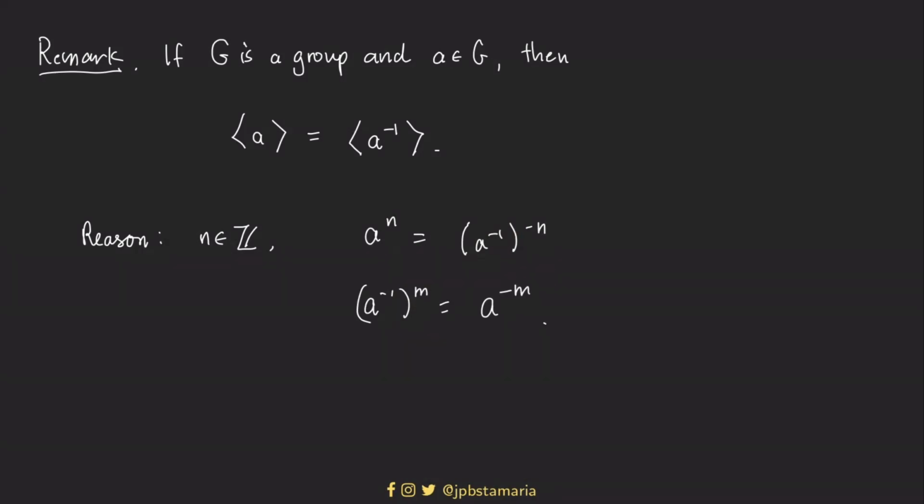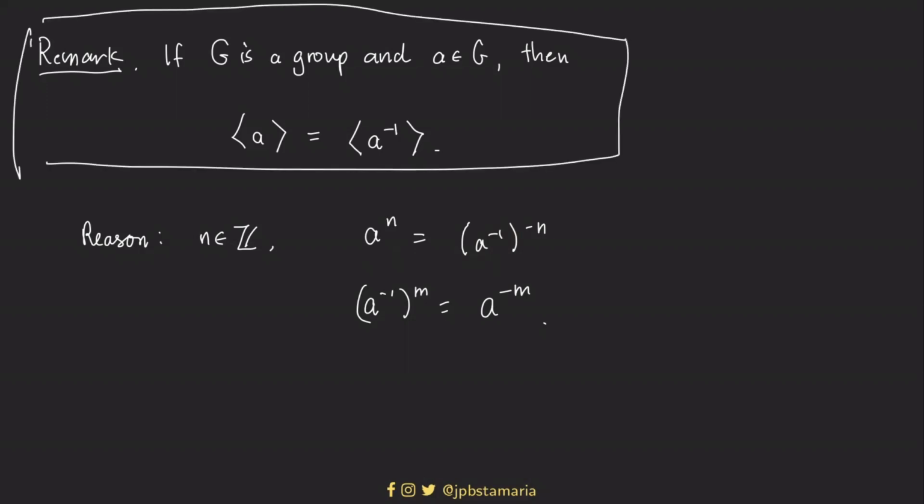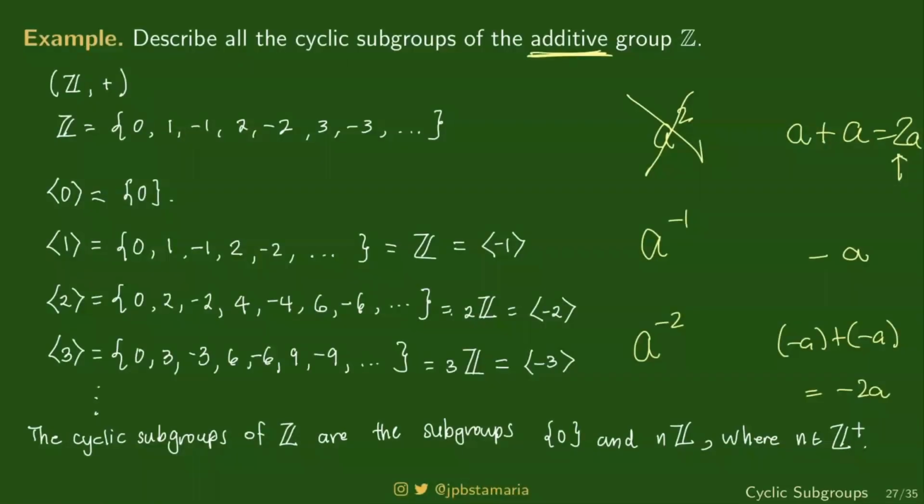Naintindihan nyo? Because of this laws of exponents, kung ano yung mga powers ng a, yun din yung mga powers ng a inverse. And when I say powers, I mean integer powers. Did you understand this? Tandaan nyo ito ha. Kung ano ma-generate ng a, yun din yung ma-generate ng inverse niya. This is a very important remark. And I want you to take this down sa notes ninyo. Okay?